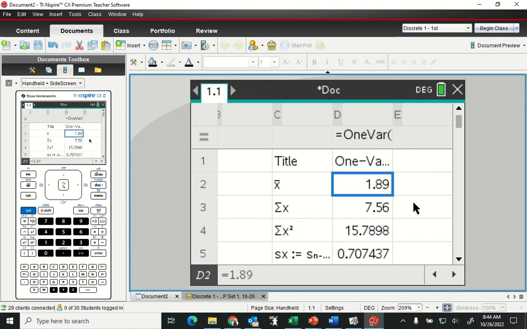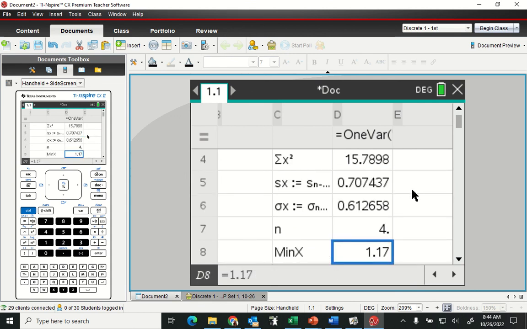So putting in the calculator helps you out, especially if you have a lot of data points. Now let's scroll down. Now, do you remember, what does the N represent? It's the number of items, right? Number of data points.